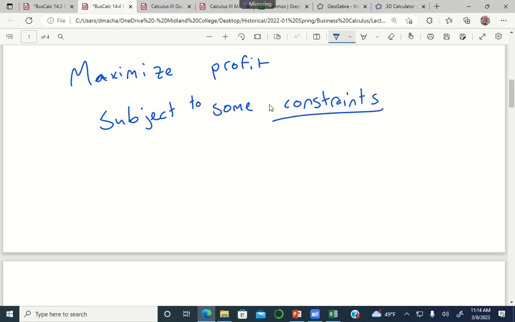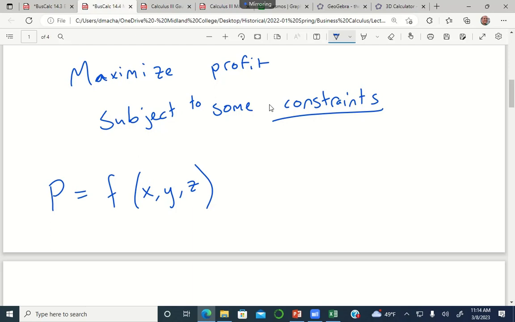And so what this means is, if I have profit as a function of x and y and z, I want to maximize that. And so initially we think, okay, we just need to find the critical points and then characterize the critical points, right, using the procedure we just talked about.